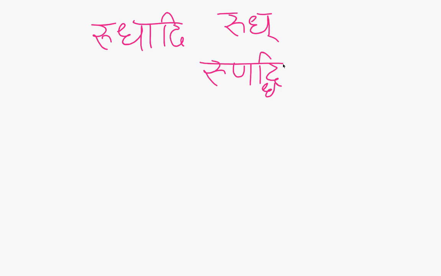Mahodaya, there are two forms of Rudh dhatu with two different meanings. Yes, true. Some of the dhatus have two forms with different meanings. For example, I can take one nearer to us, like bhuj dhatu, which comes in the same Rudhadi gana.